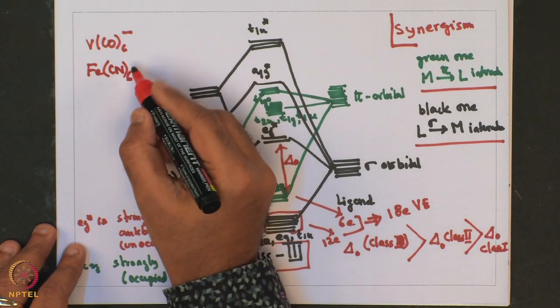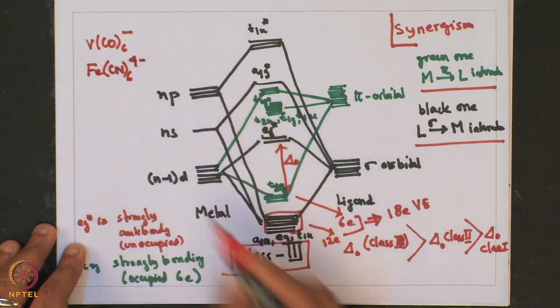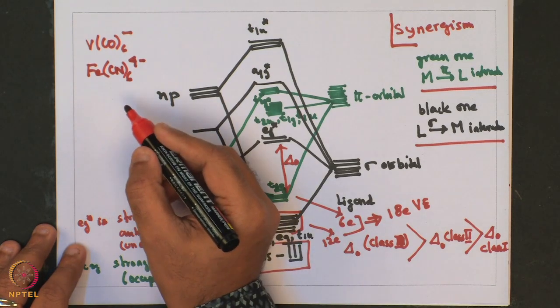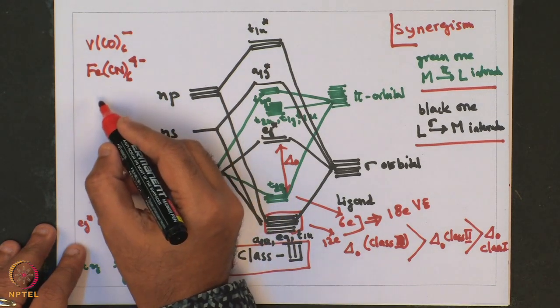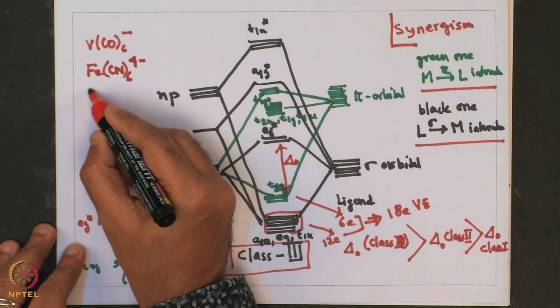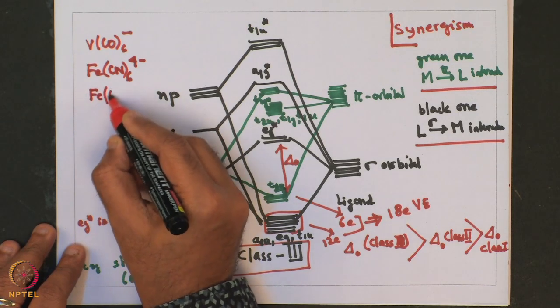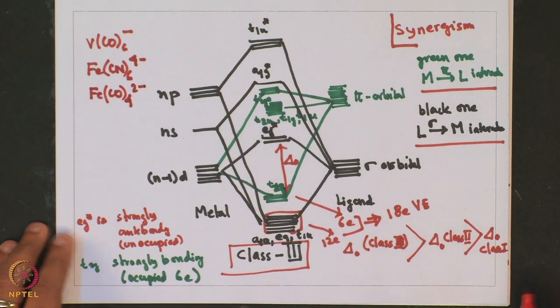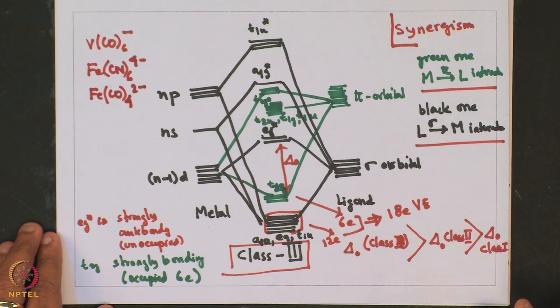Fe(CN)6 4 minus, Fe(CO)4 2 minus, and so on and so forth.